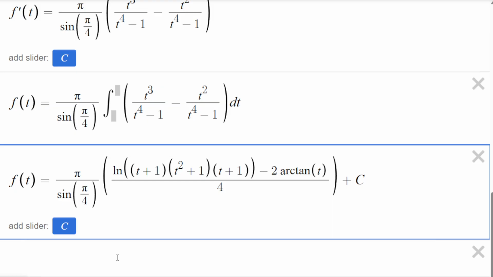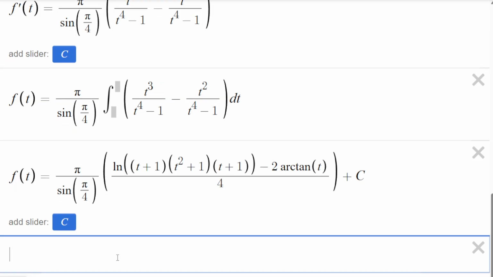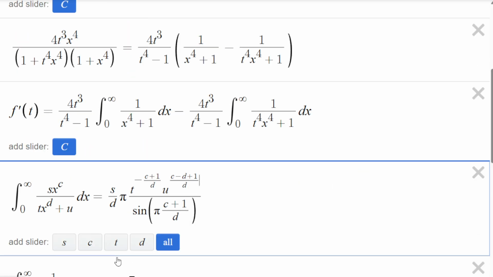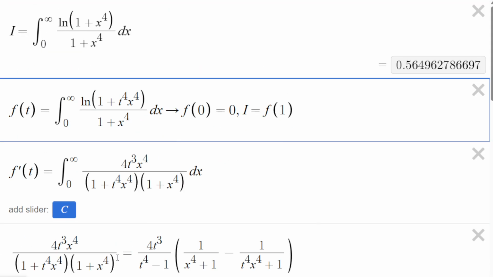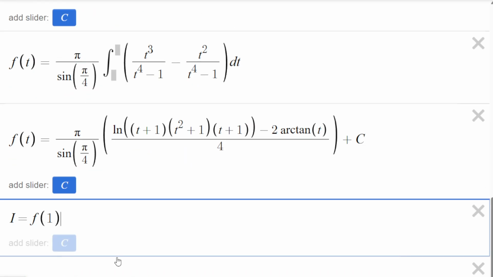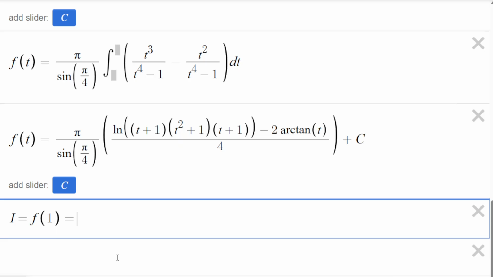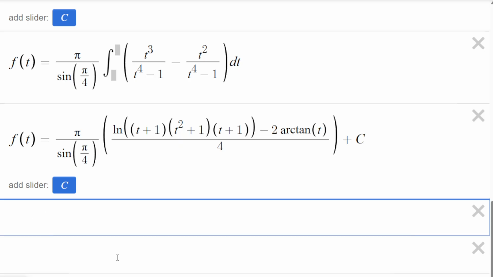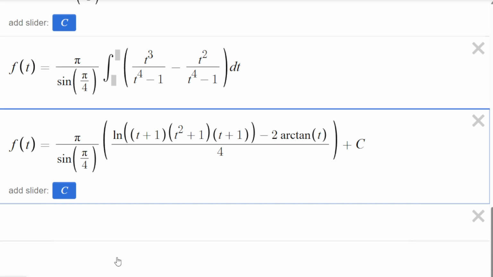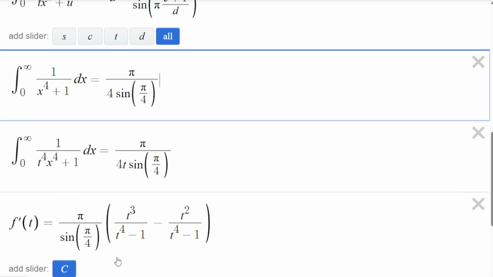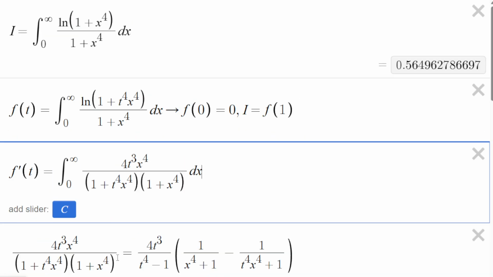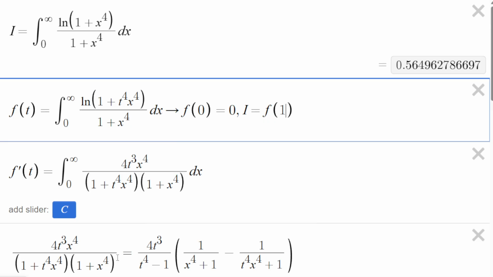Alrighty. Let's see. So now we need f evaluated at 1, I believe. Yeah, we have I is equal to f evaluated at 1, which is equal to... Oh, I'm sorry. We forgot something. We need to account for this constant of integration. So let's see. f of 0 is equal to 0.